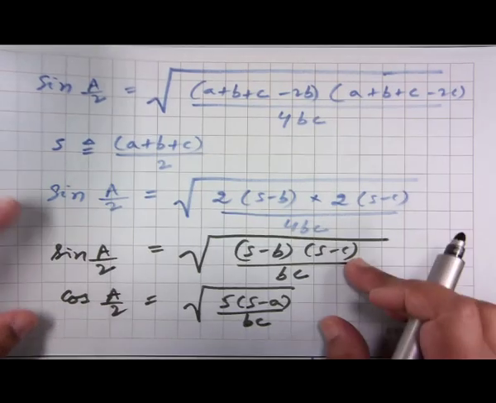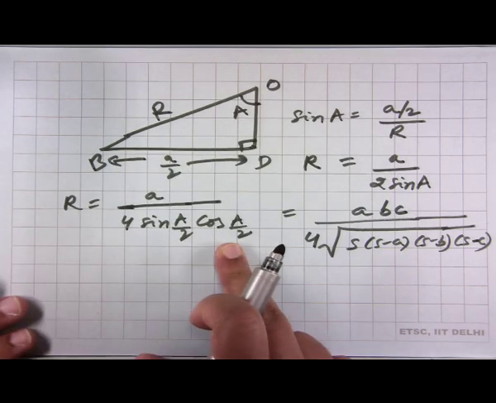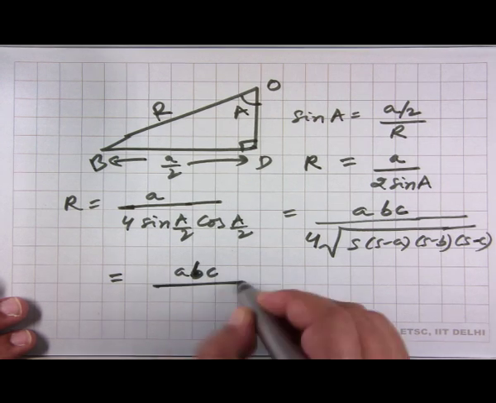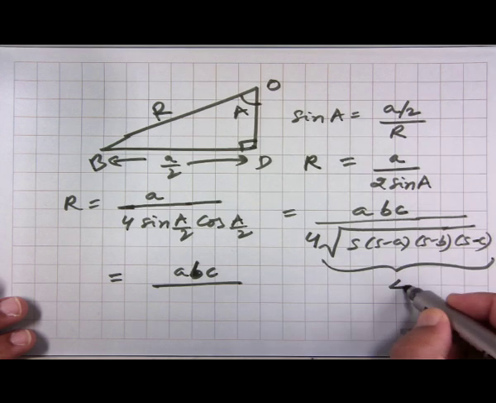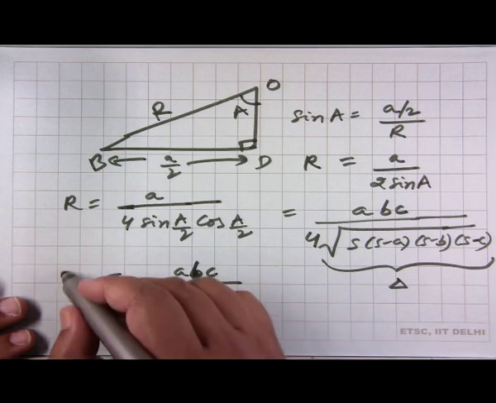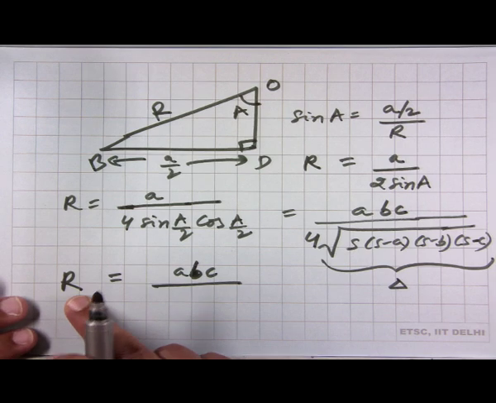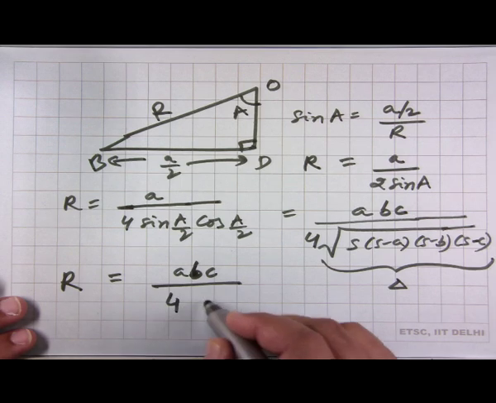I have just substituted these two right hand sides in this expression here. But then by Heron's formula we know that this is nothing but the area of the triangle, and therefore the value of the circumradius is equal to the product of the lengths of the sides divided by 4 times the area of the triangle.